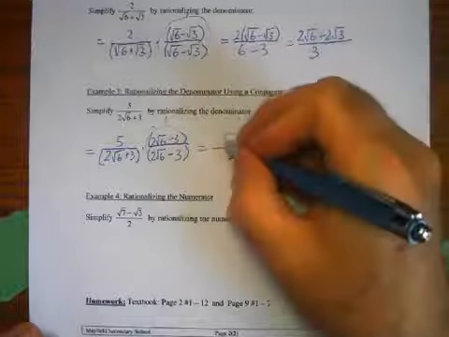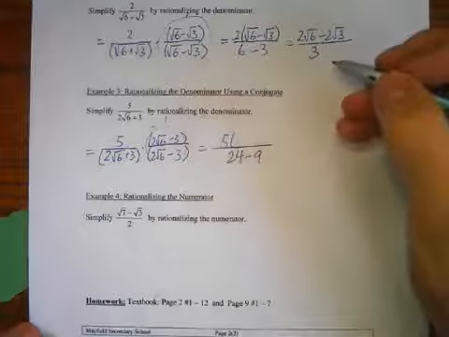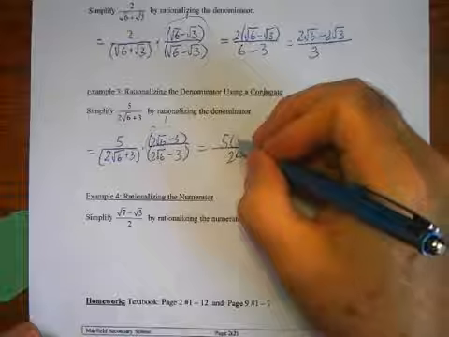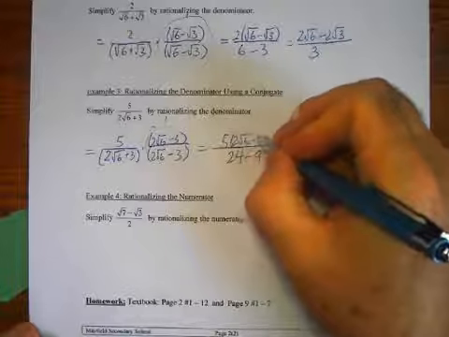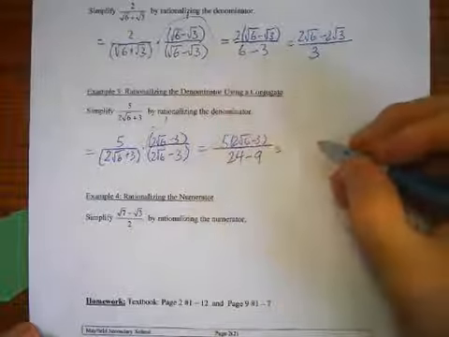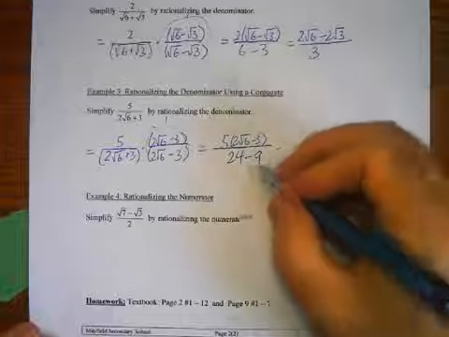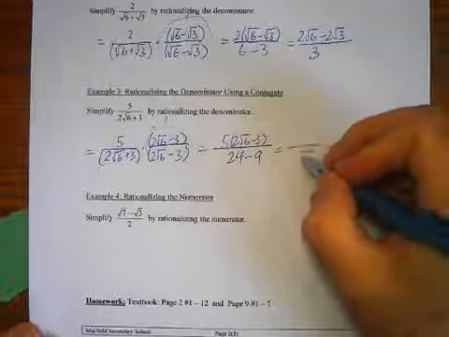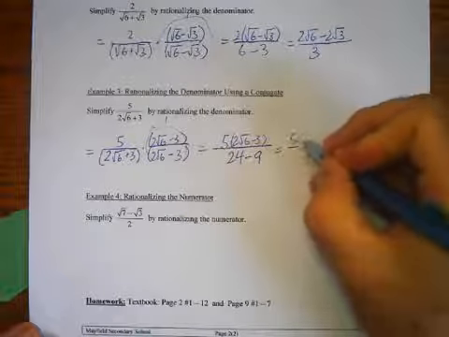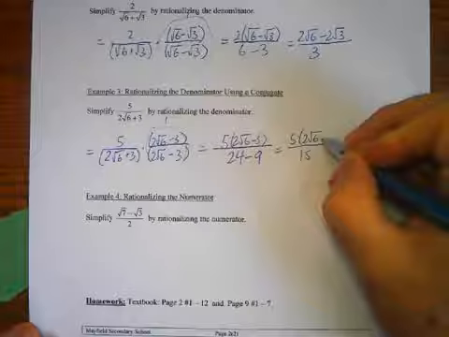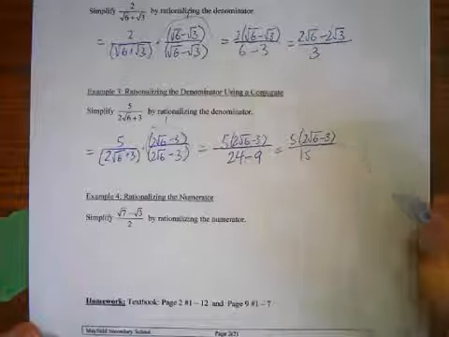Okay, and on the top, this time I'm just going to leave it not expanded, 2 root 6 minus 3. Now this works out to be 15, and I'm still going to leave it unexpanded.